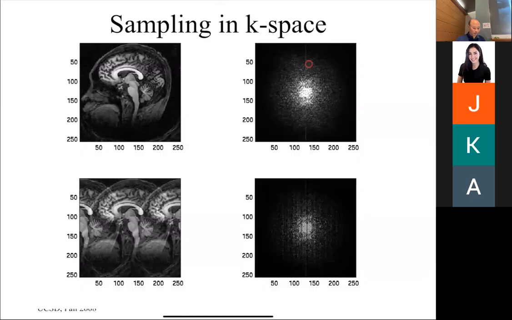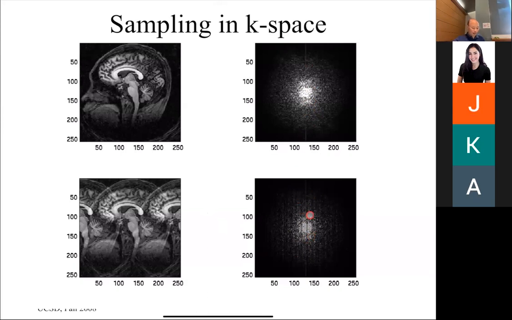First we're going to give you a sense of this. Here is an object and its Fourier transform. Here I've just zeroed out every second line, so I've halved the amount of data. If this is sampled at every 1 step, this is sampled at every 2 steps.